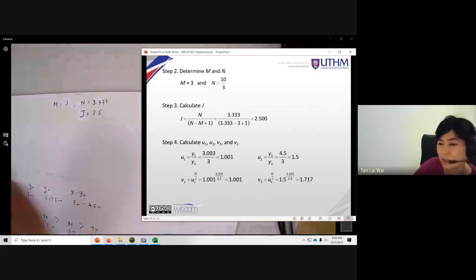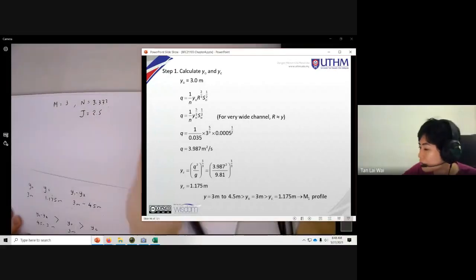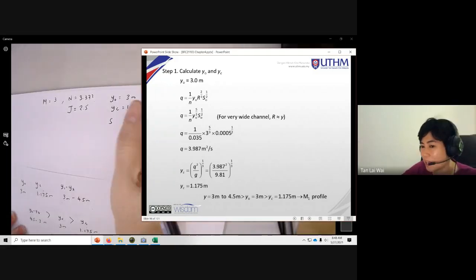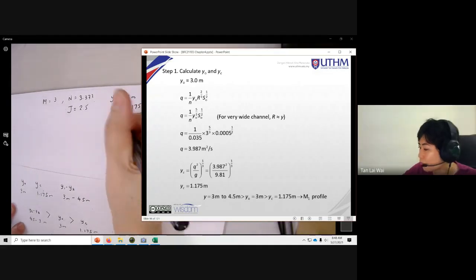So J is available already. Before that, I also need to write down Y naught is 3 meter, because we need all this. And then we also need S naught. S naught is actually 0.